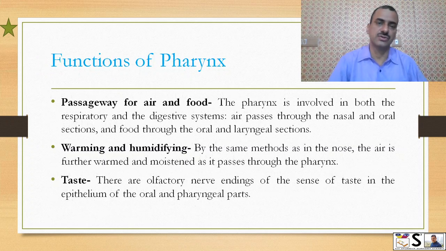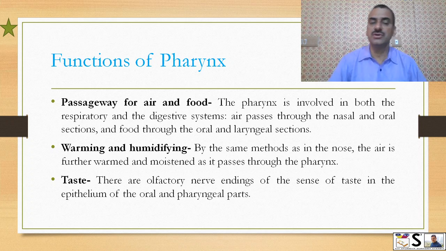What are the functions of the pharynx? First of all, it provides a passageway for air and food. The pharynx is involved in both the respiratory and digestive systems. Air passes through the nasal and oral sections, and food passes through the oral and laryngeal parts of the pharynx.